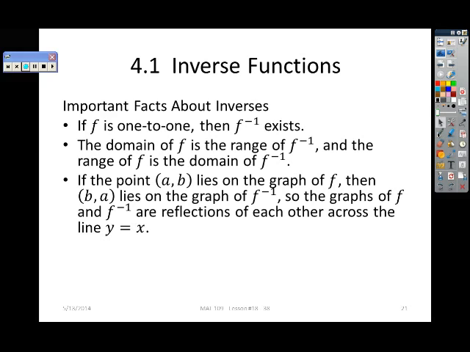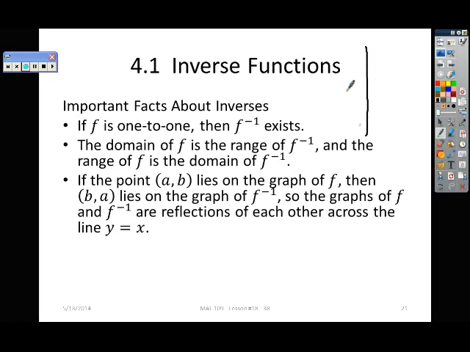So if you have your axes like this, and you have a diagonal line, y equals x, then a function and its inverse are reflections about this diagonal line. So if you draw your function on here and then reflect it about the blue line, you'll get the inverse of it. We're not reflecting about an axis, we're reflecting across this 45-degree line. But that's the graph of the inverse.